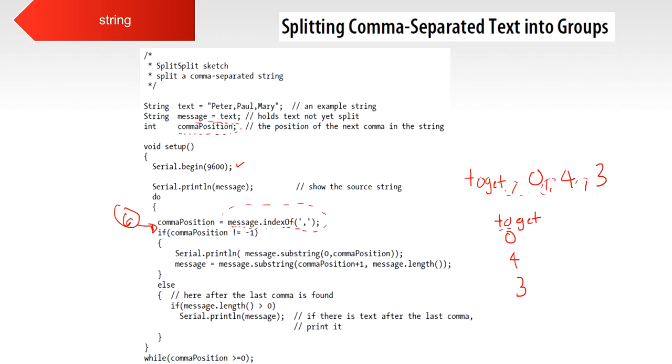The next part is the substring. As I mentioned previously, substring means that we cut the longer string depending on the given starting point and also the length. In this case the starting point is 0, so it will start from here, up to the comma position, which is number 6.